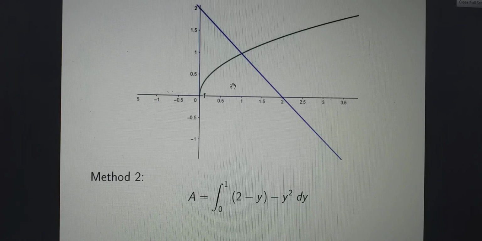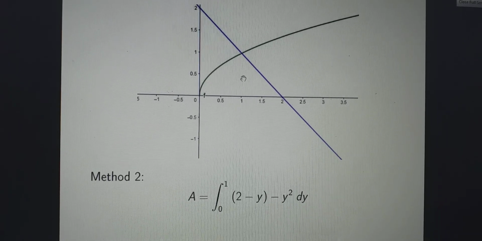If we look at this region, it goes from y equals 0 to y equals 1. And from 0 to 1, the blue line is located to the right of the green curve.